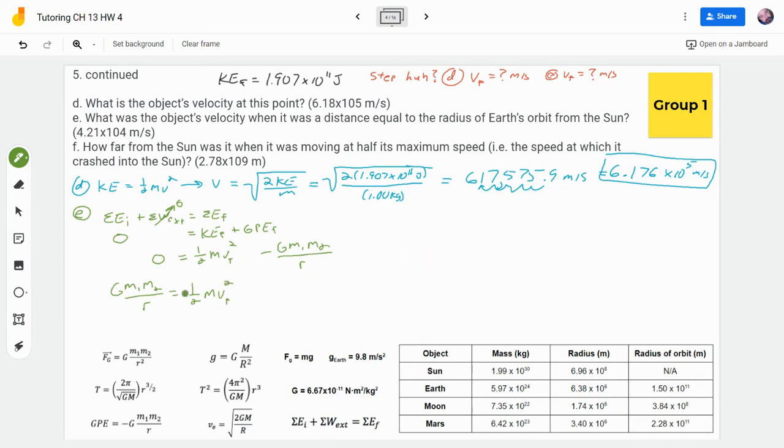I'm going to multiply both sides by 2, divide both sides by M, and then take the square root of that. For fun, I'm going to flip left and right too. So I'm going to end up with V final equal to the big square root of 2 G M1 M2 over R times M.